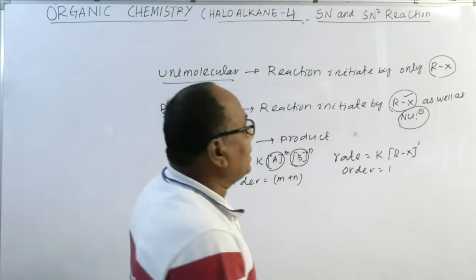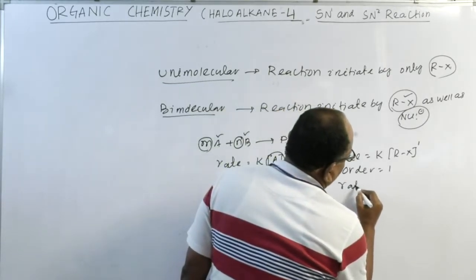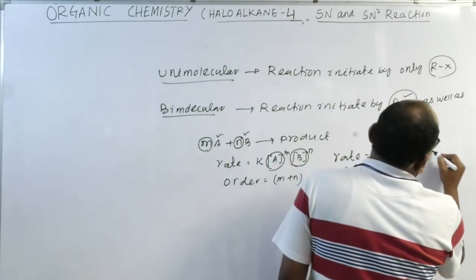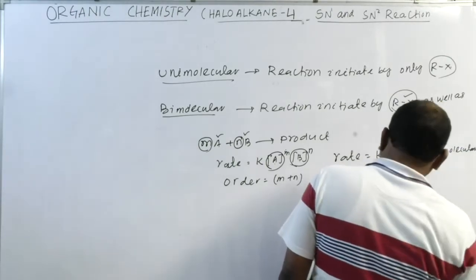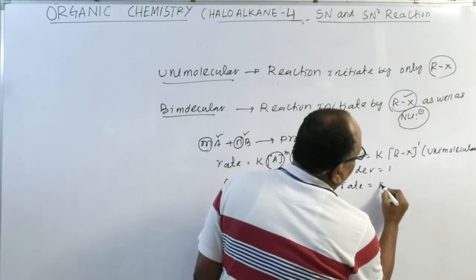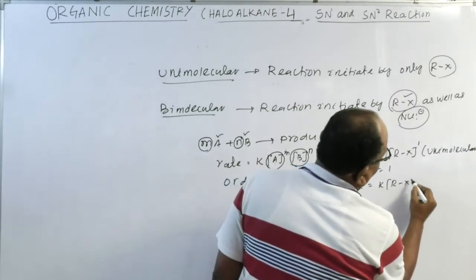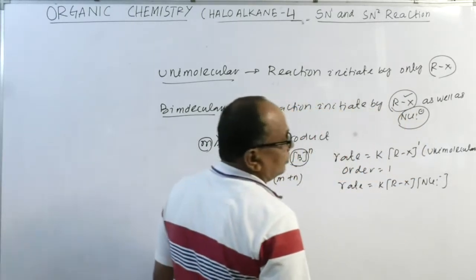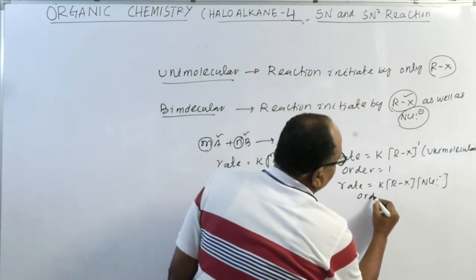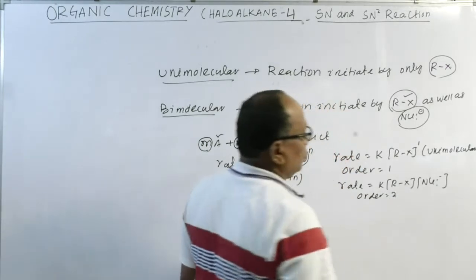This is for unimolecular reaction. In case of bimolecular reaction, rate is equal to K into alkyl halide into the nucleophile. In this case, order is equal to 2.